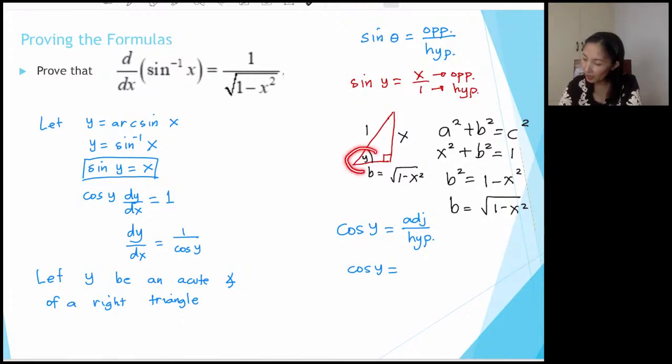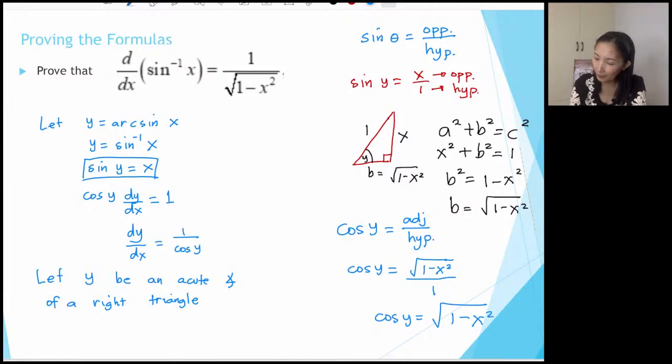The side adjacent to angle y is this, the square root of 1 minus x squared over the hypotenuse, which is equal to 1. So I may not write it anymore, over 1. So your cosine y is equal to the square root of 1 minus x squared.